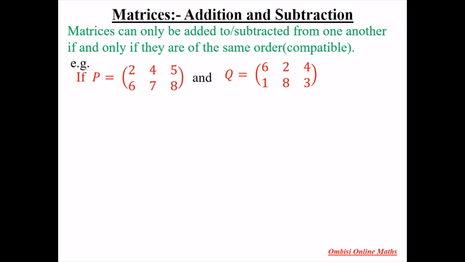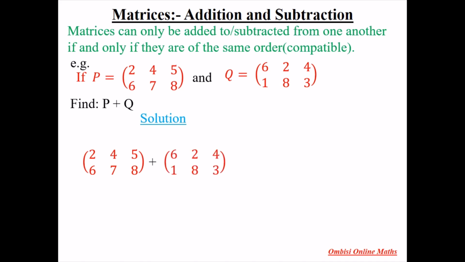The second matrix Q is also of order 2 by 3. So these two matrices can be added. You are supposed to find P plus Q. You can add them because they are of the same order. So you have matrix P, to which you are adding matrix Q.